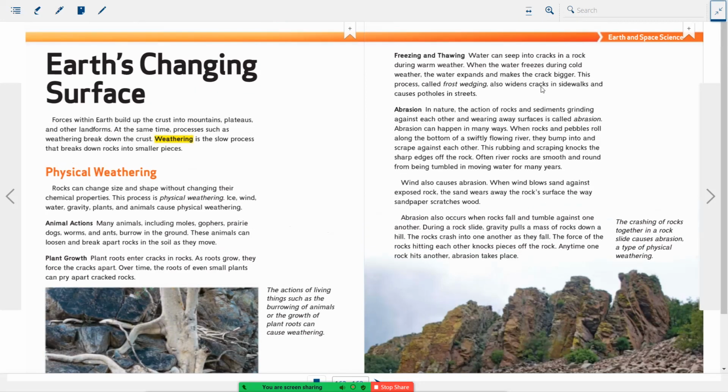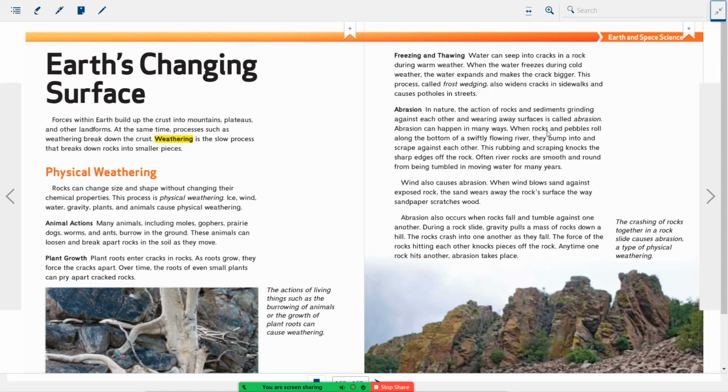Freezing and thawing. Water can seep into cracks in a rock during warm weather. When water freezes during cold weather, the water expands and makes the crack bigger. This process, called frost wedging, also widens cracks in sidewalks and causes potholes in streets. Abrasion. In nature, the action of rocks and sediments grinding against each other and wearing away surfaces is called abrasion.